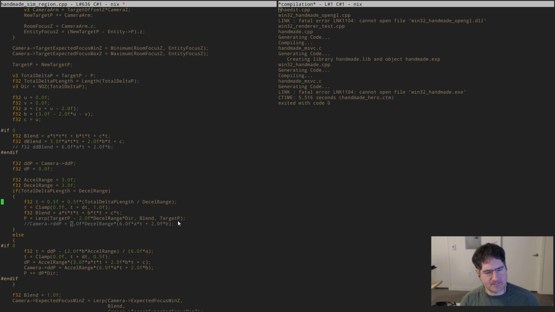So I guess the mapping here is possibly a little bit wrong, but I don't think it actually is. I mean, I guess the way you could write this instead is to say that if it's less than that, then you're going to map it into the actual double deceleration range.